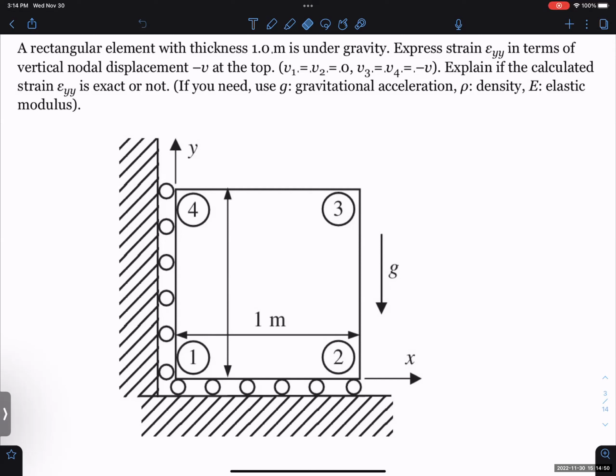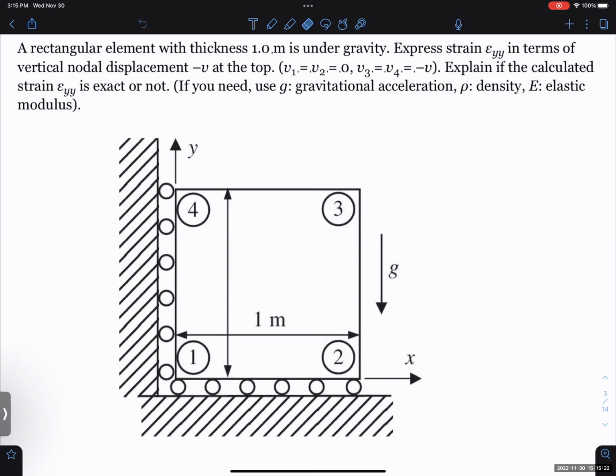If the weight decreases linearly and the area doesn't change, the stress also decreases linearly. And the stress-strain relation in this 1D situation differs only by Young's modulus, a coefficient difference. So if the stress changes linearly, the strain changes linearly. That is how the actual strain changes in this problem.